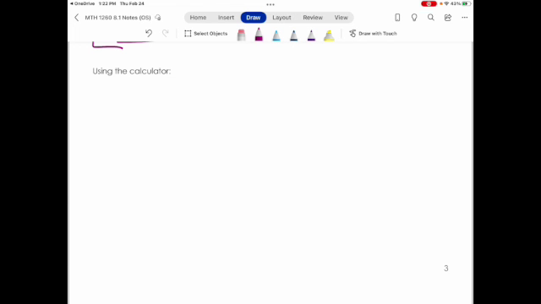Okay, now let's just make a quick calculator note here. So again, I'm going to stress this a lot because this is usually where students get stuck.